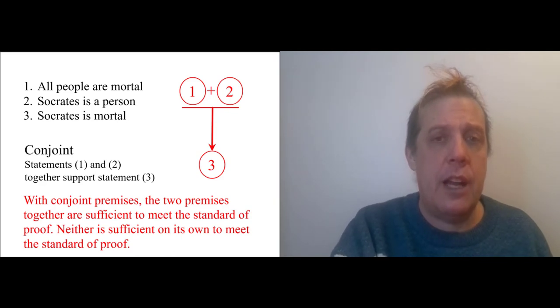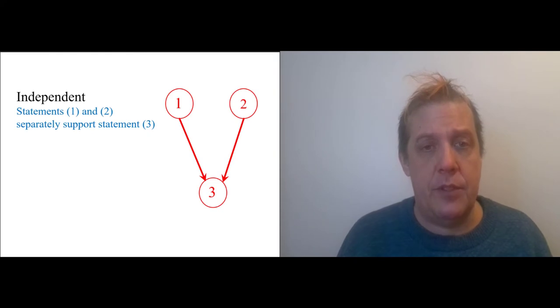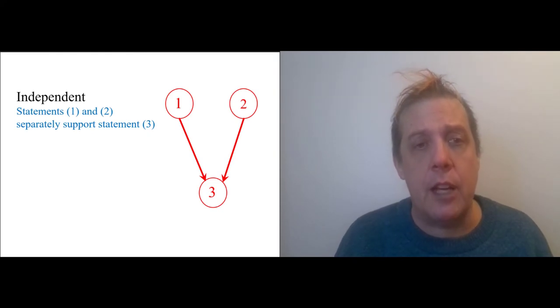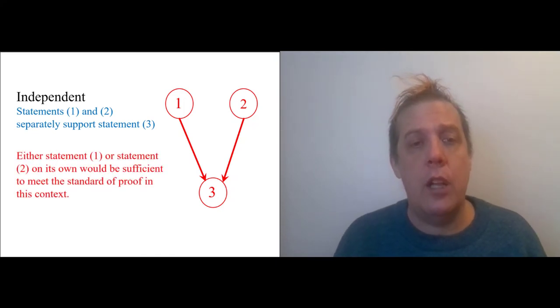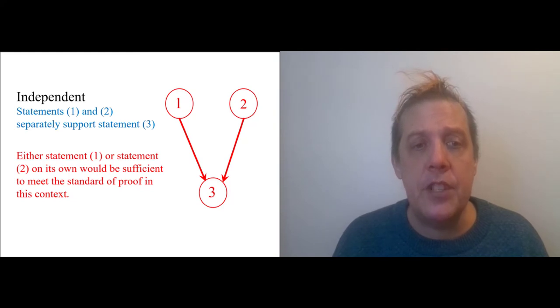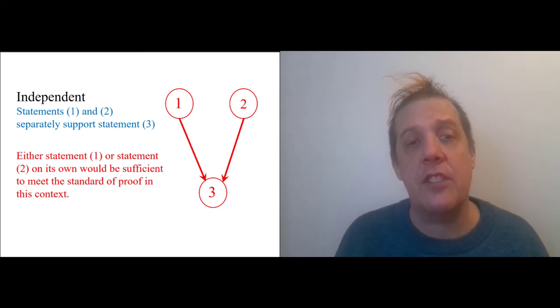The contrast to conjoint premises are independent premises. And we draw them with an arrow diagram like this, where 1 and 2 have separate arrows going to the conclusion 3, right? In this case, either 1 or 2 on its own would be sufficient to meet the standard of proof in that context.